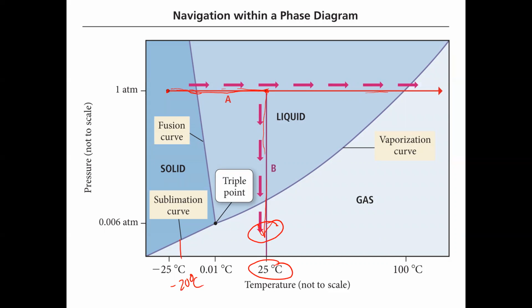So at 25 degrees Celsius, if I decrease pressure enough above the liquid, I'll become a gas phase. So that's essentially how you're reading these phase diagrams. Where am I located? What state of matter, or what line, what curve, where I have two states simultaneously?